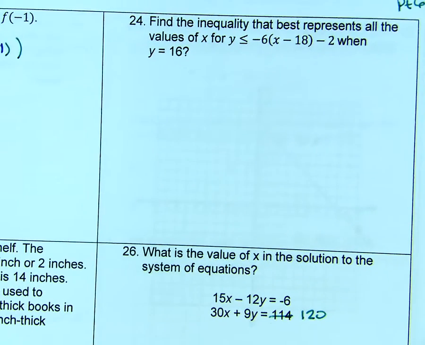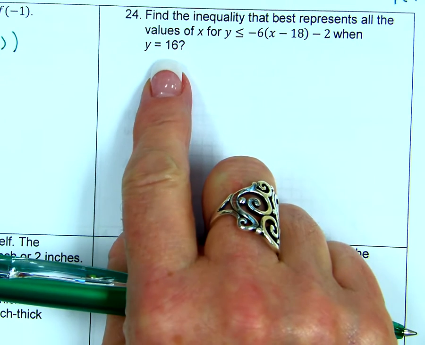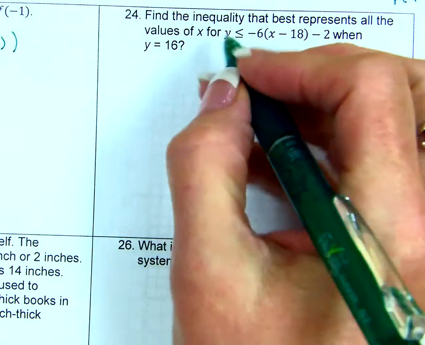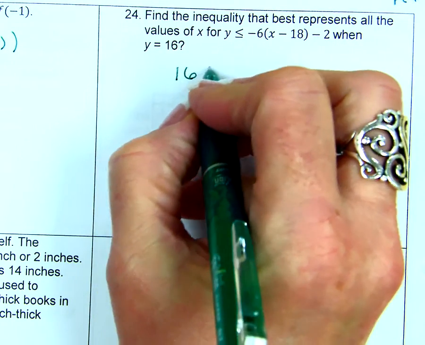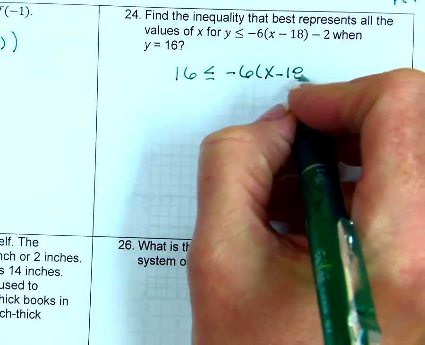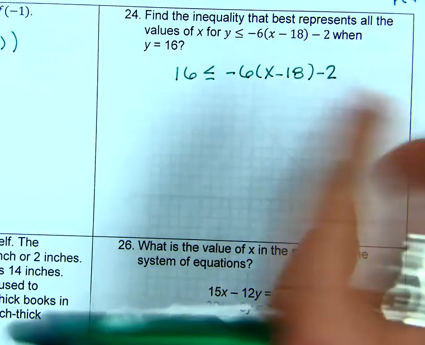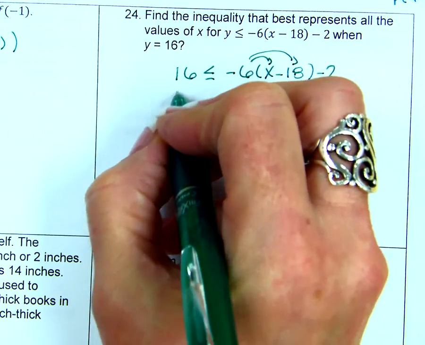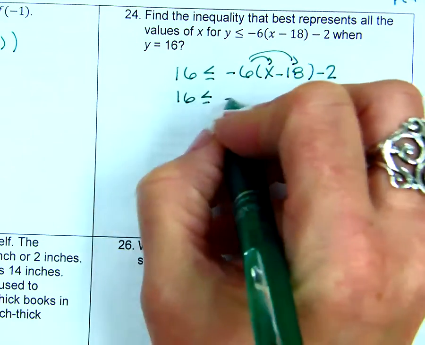For problem number 24, we need to solve for x when we know that the value of y is 16. So we simply replace the y with 16. Simplify the right-hand side. First thing we need to do is distribute.